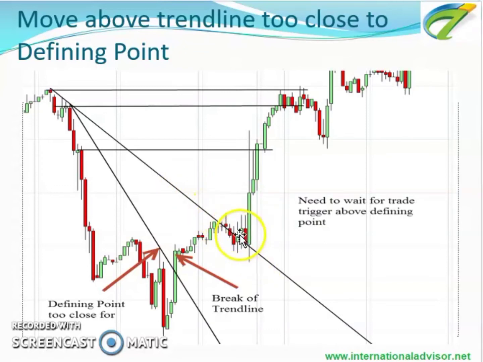And here if we enter on this line, then we see this was the defining point, which is well ahead, and we have too much space as we have discussed in the space lecture. If we look on the left, this is the space. This is the end of simple space, because this is one opposite color candle, and here it's making advanced space.